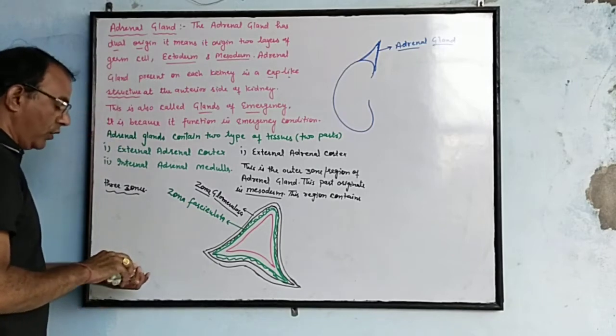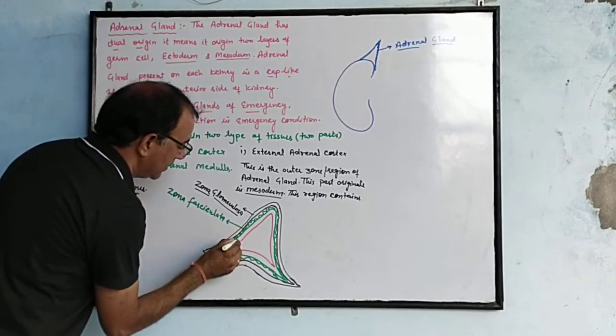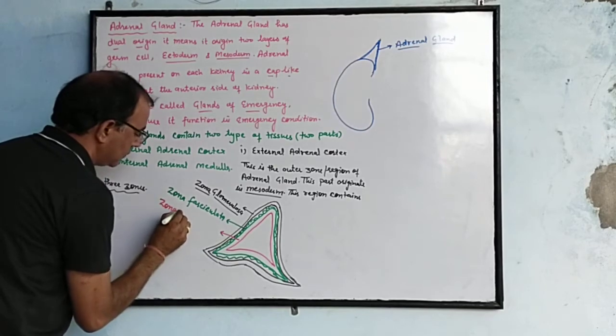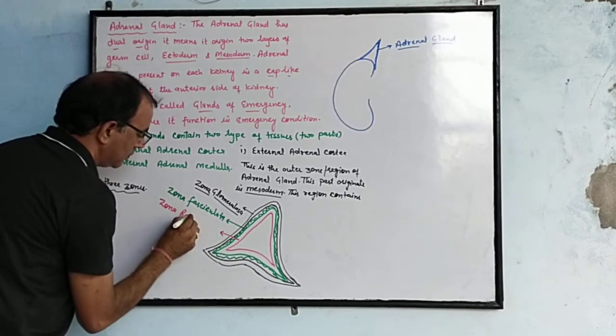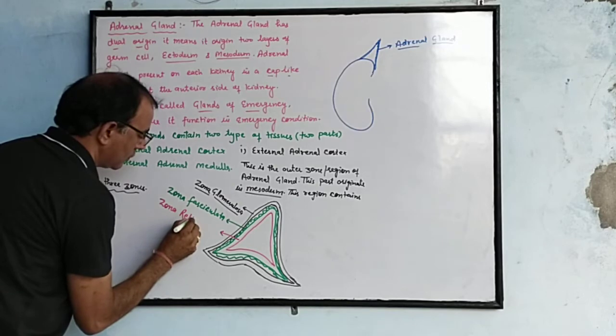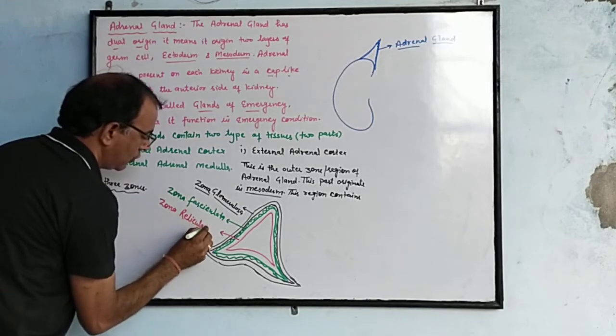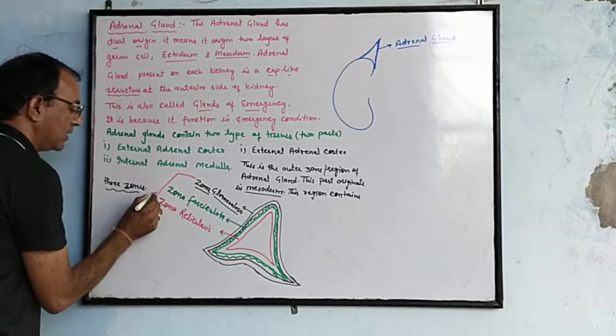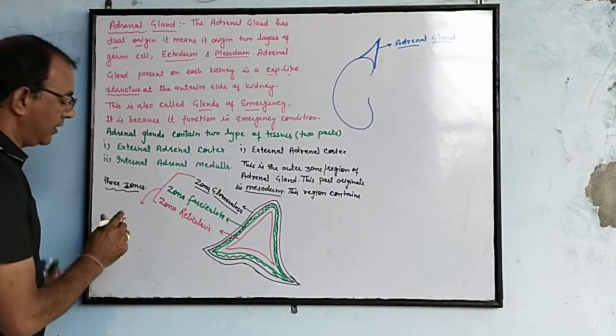And the inner zone of the cortex is known as zona reticularis. These 3 zones make the external adrenal cortex.